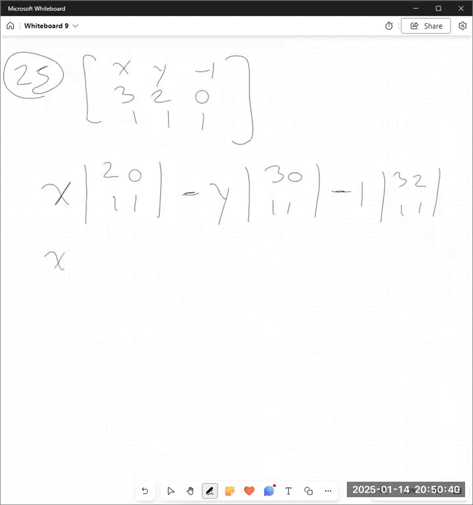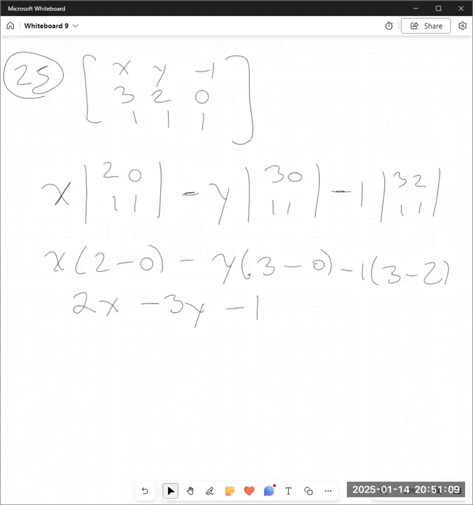So that's x times 2 times 1 is 2, minus 0 times 1 is 0, minus y times 3 times 1 is 3, minus 0 times 1 is 0, minus 1 times 3 times 1 is 3, minus 2 times 1 is 2. That's 2x minus 3y, and then -1 times 1 is a -1.